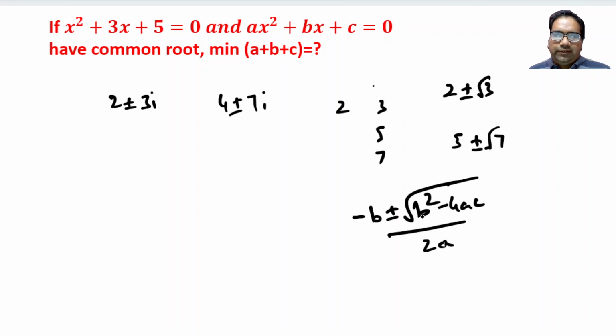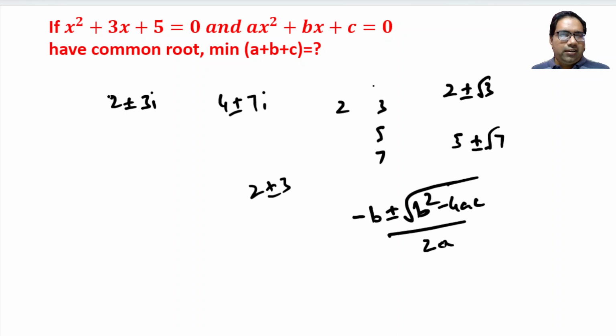Now, if this part is not a perfect square, then we'll get both pairs, b plus and b minus. Only when this is a perfect square will we get rational roots which can be different, for example 2 and 3. Then the roots will not be conjugate pairs.